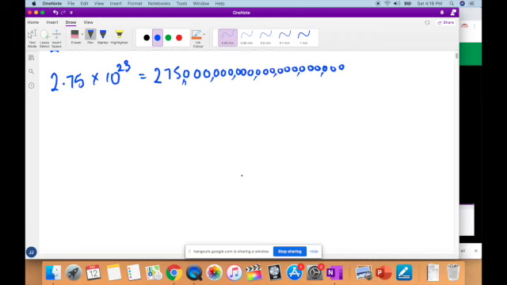This here is called standard form or scientific notation, right? Why do we use scientific notation? Well, imagine if you were measuring something, or if you had to do a very advanced calculation.